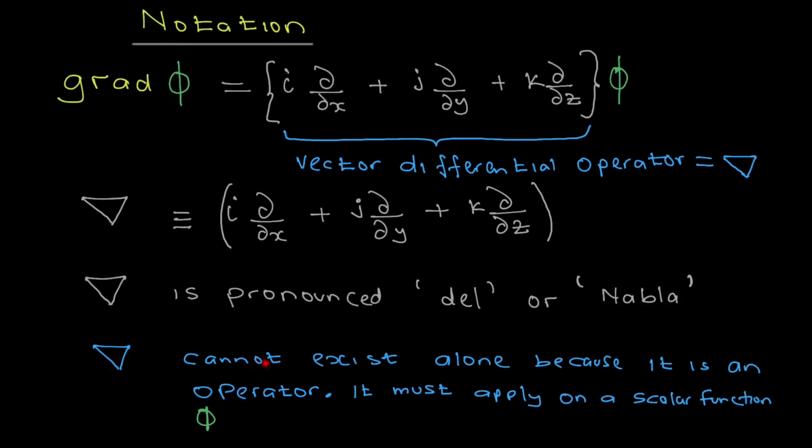Del cannot exist alone because it is an operator. It must be applied to a scalar function, and that is a scalar function. So grad is basically del applied to a scalar function, and you call it grad because you're finding the gradient of the function.